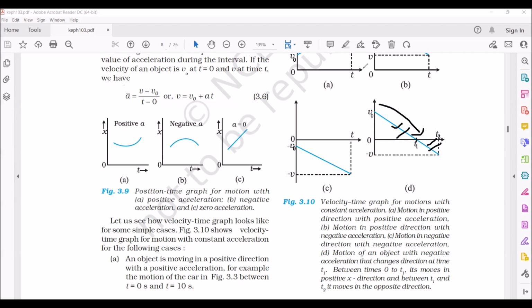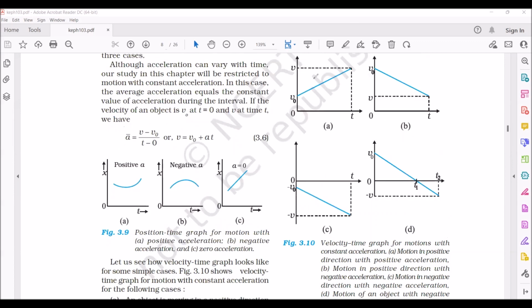So what is the difference between the A, B, C and D graphs? In graph A, the motion is in the positive direction with positive acceleration. In the second graph, the motion is in the positive direction but with negative acceleration.